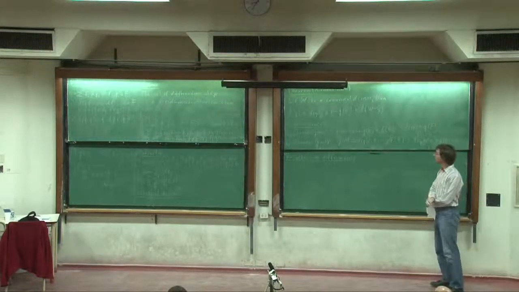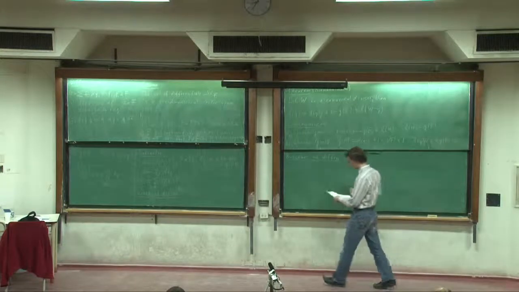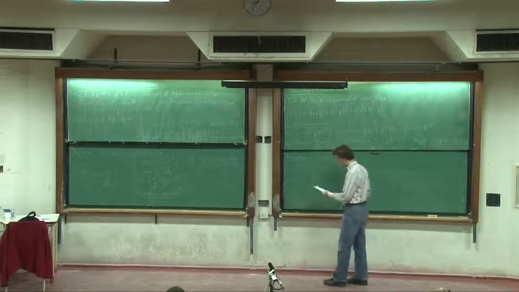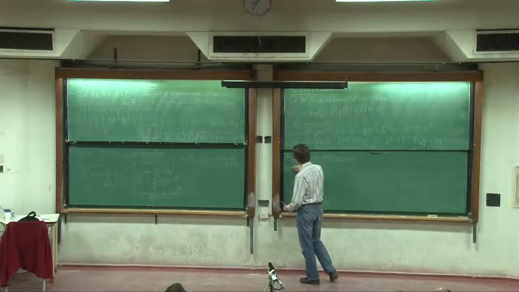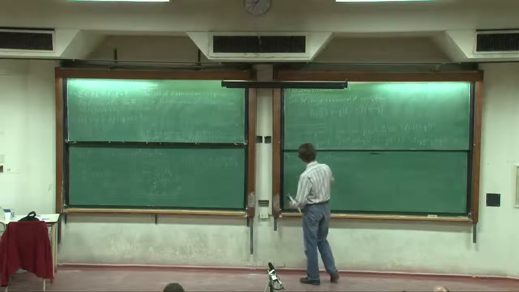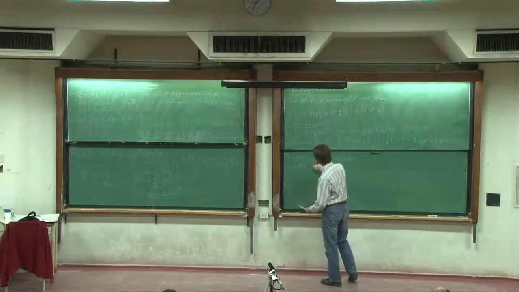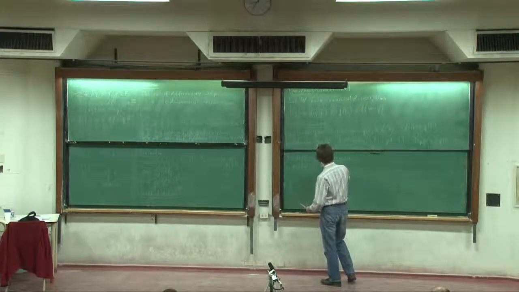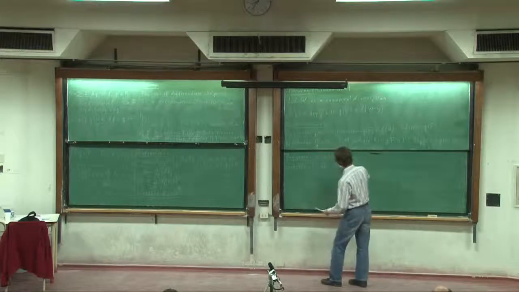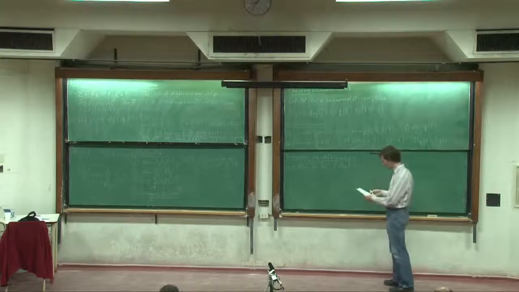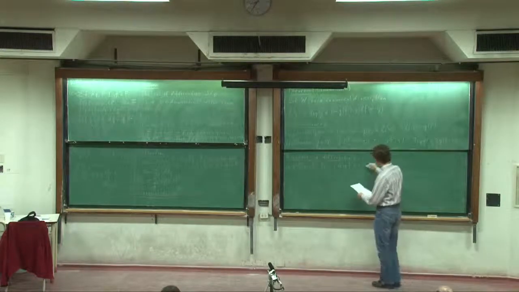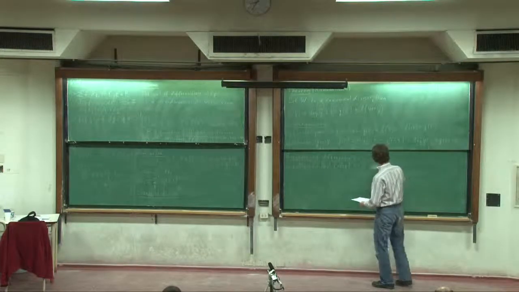What I want to talk about next is residues of differentials. So what we can do is, given a differential, given a place, and for now let me just assume that the degree is 1, so it's a rational place, to make it a little bit easier. And I have a local parameter.